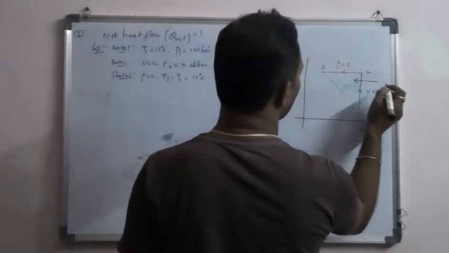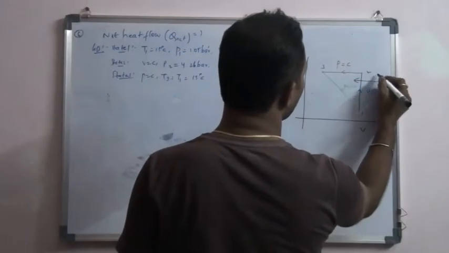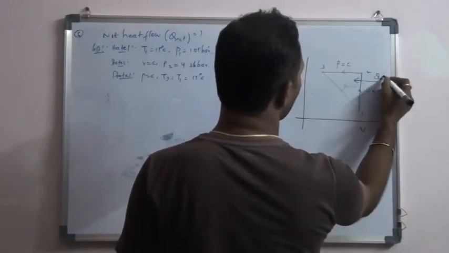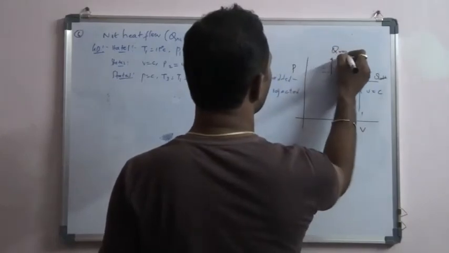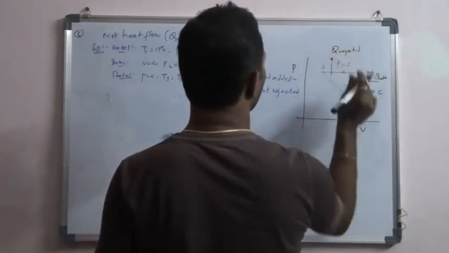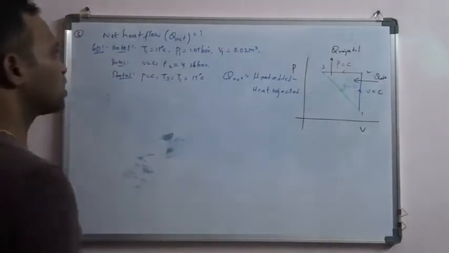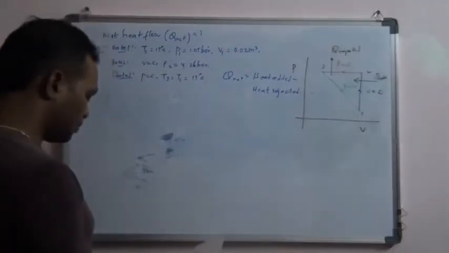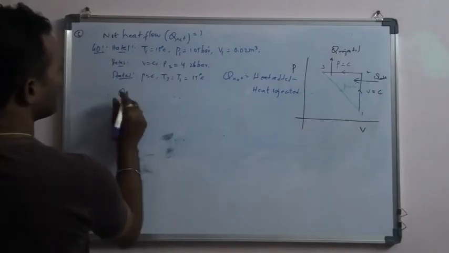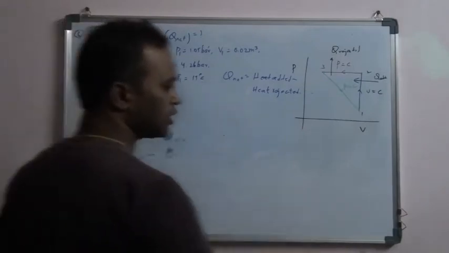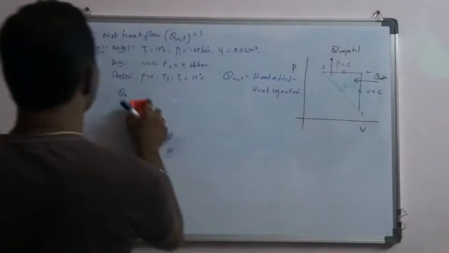In the process 1 to 2, Q is added, and in the process 2 to 3, Q is rejected. The difference of these two gives you the actual net heat flow. So let us first calculate the heat added.